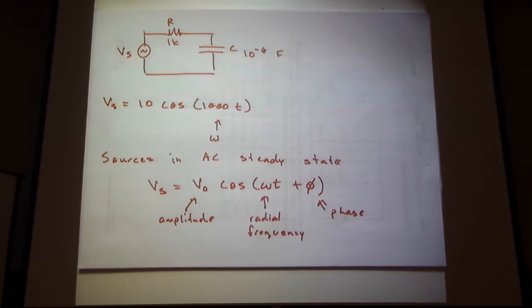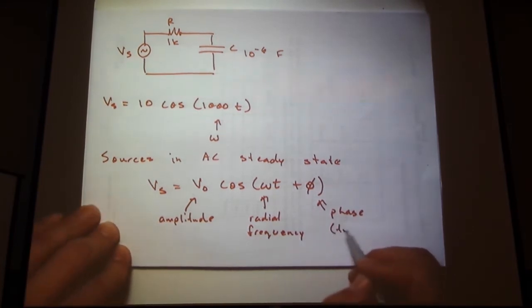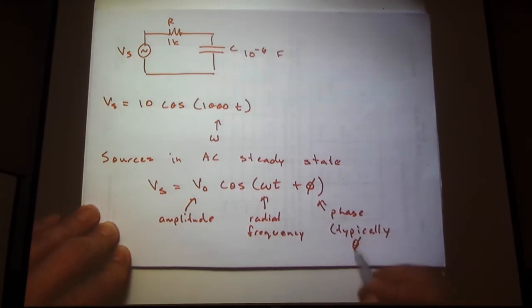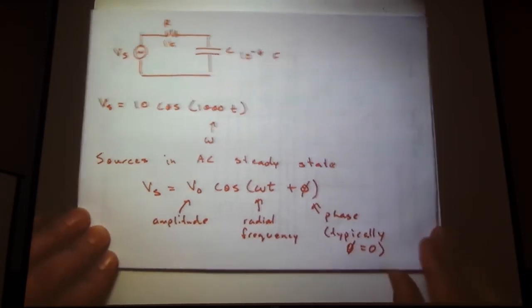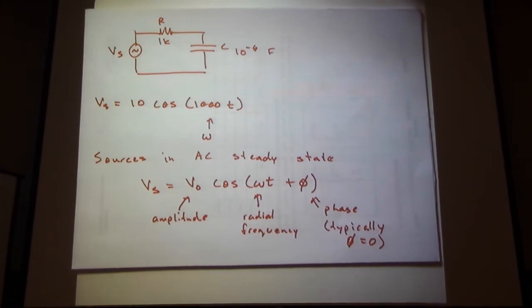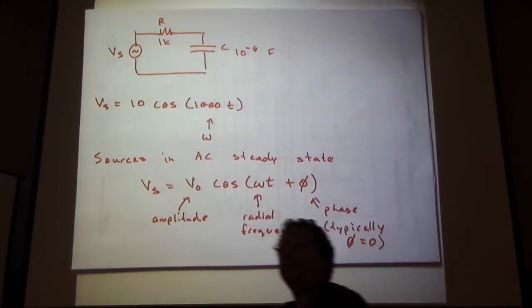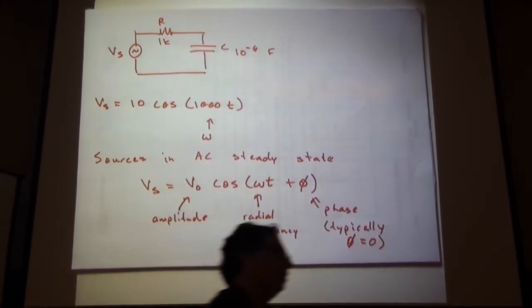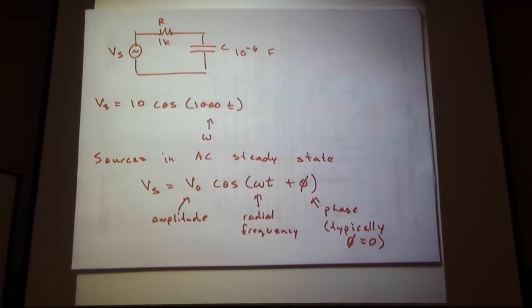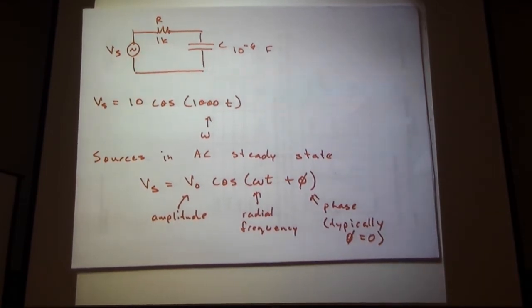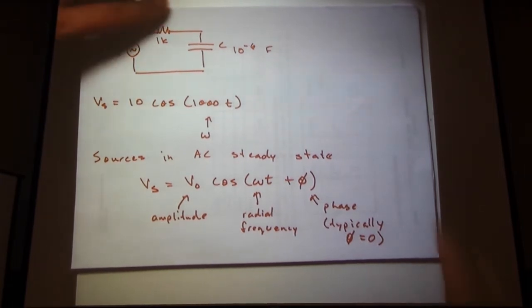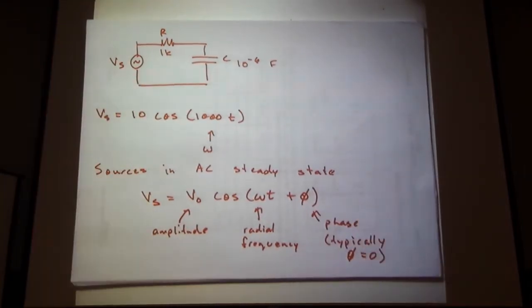Typically, more often than not, but not always, phi equals 0. We'll use that mostly, but occasionally we won't. If we have more than one source that are out of phase, only one of them can be 0. And this is often our reference. That'll come into play a little bit more, again, starting on Thursday when we dive into the details.